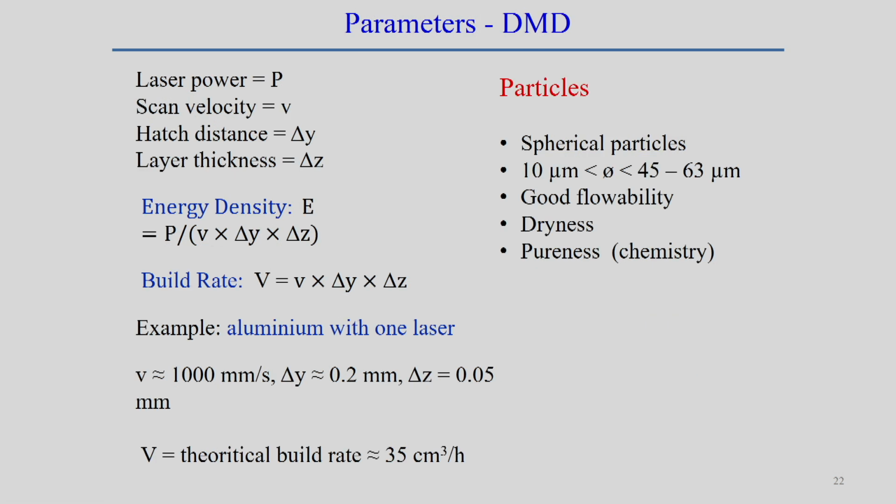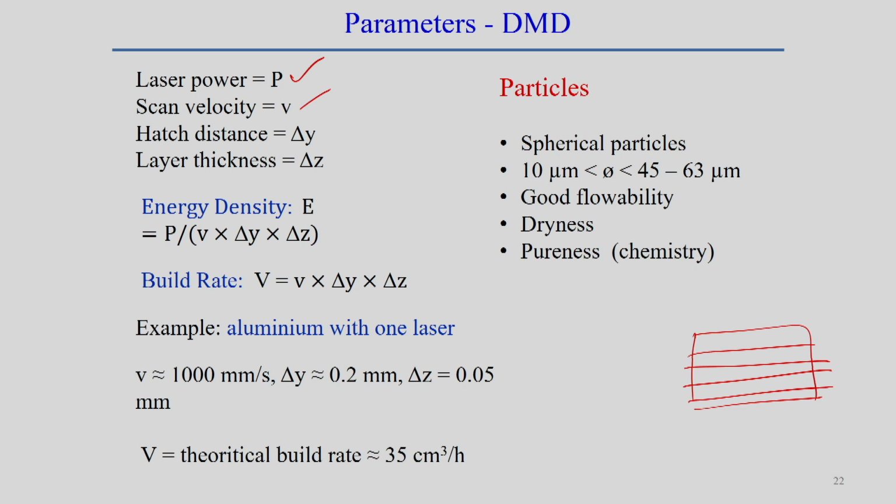Now, if we look into the different parameters associated with the direct metal deposition process, here you can see that we can create the layer by layer deposition to a 3-dimensional object. Laser power is denoted as P. Then the scan velocity, that means the moving of the laser along a particular path with a certain velocity, is called the scanning velocity of the laser.